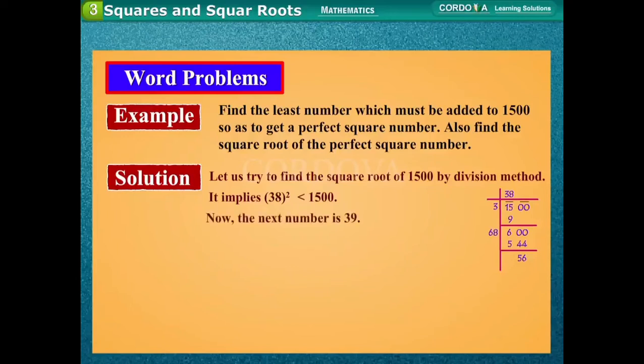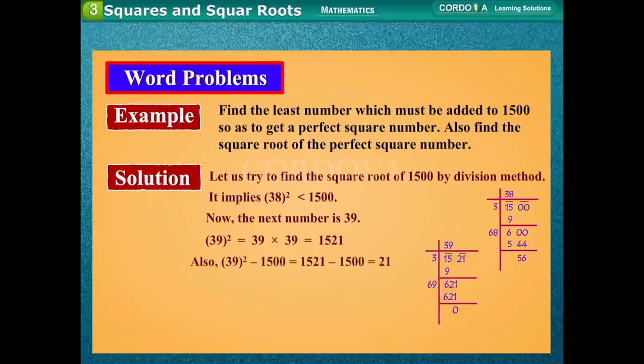Now, the next number is 39. 39 squared is equal to 39 into 39, which is equal to 1521. Also, 39 squared minus 1500 is equal to 1521 minus 1500, which is equal to 21. Hence, the number to be added is 21.